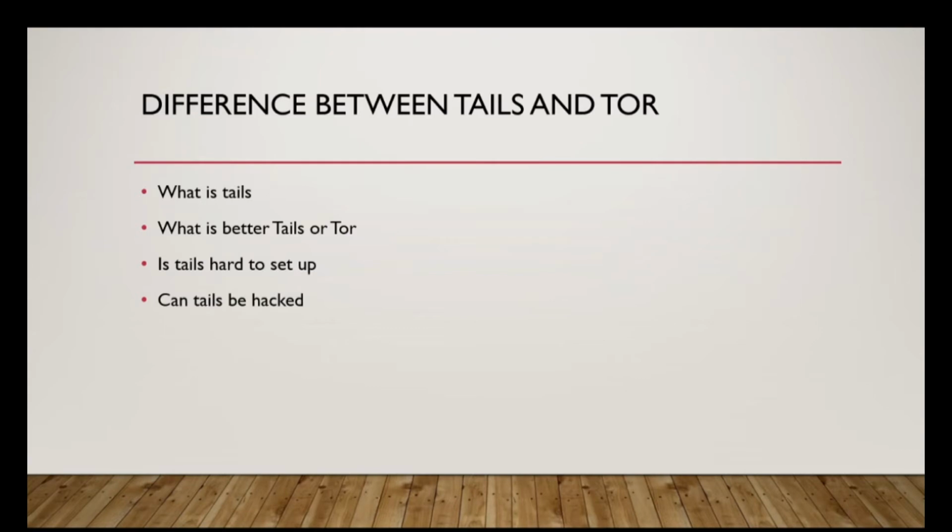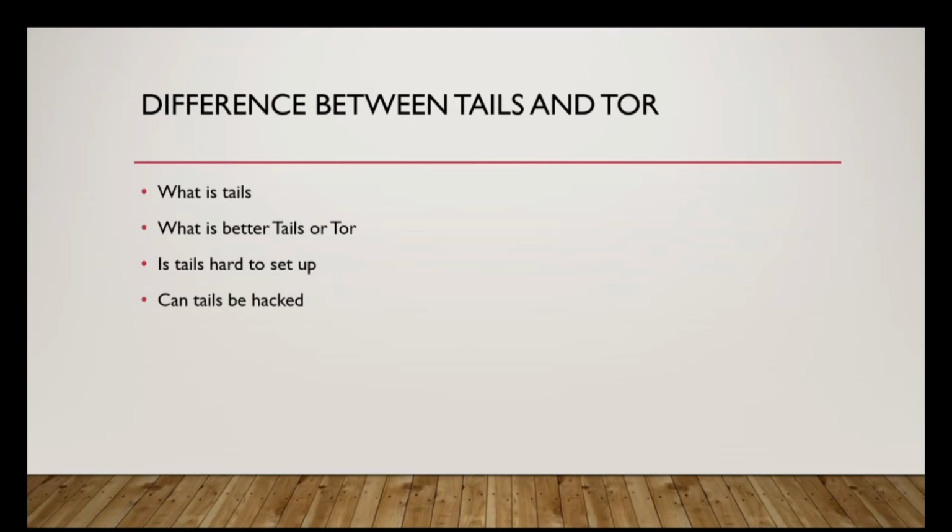So when you install Tails, you're literally installing a complete operating system that will help you hide your identity, and it works with Tor. So it helps you stay anonymous. When you install Tails, you will install Tor on Tails and you will work with both of them. So your anonymity will be to the max.